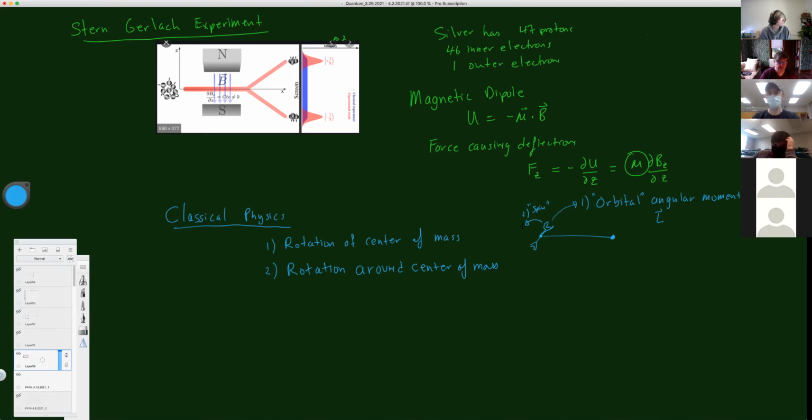It would have to spin at many times the speed of light. So it is not the electron spinning around its center of mass. The reason that would even give you a magnetic moment is that the electron's charged, and if it's spinning, you would get a magnetic field, like a magnetic moment that could interact with magnetic fields. That's right, but it's not really spinning. It's just an intrinsic property of that point particle, and the electron really is a point particle.